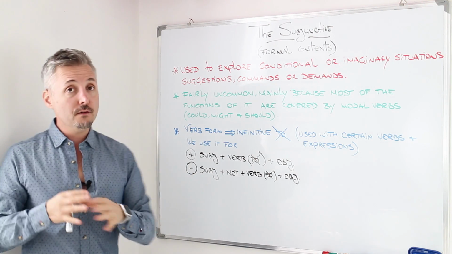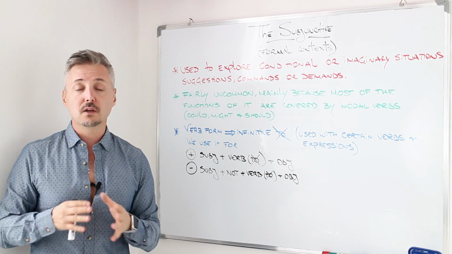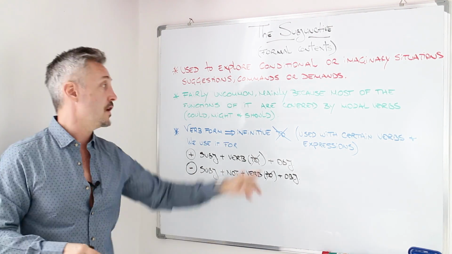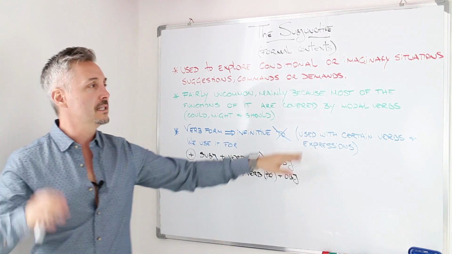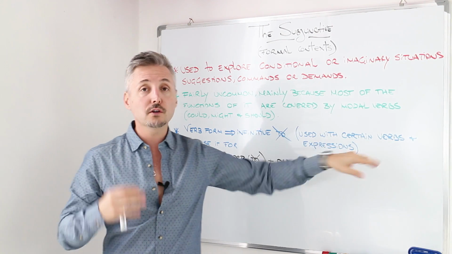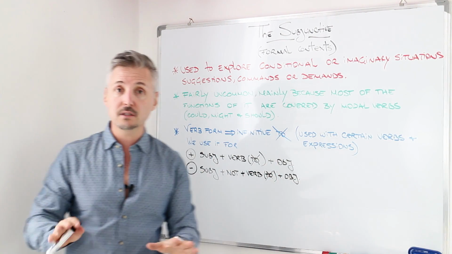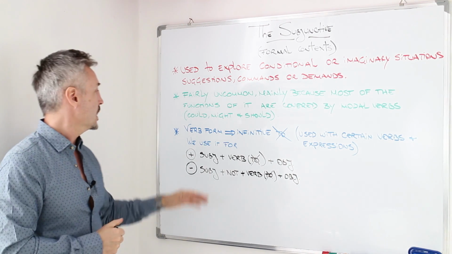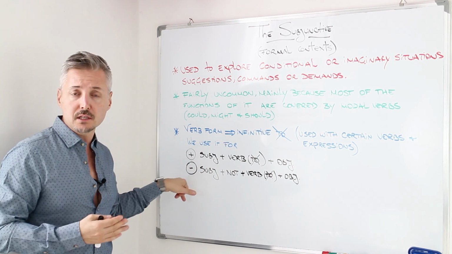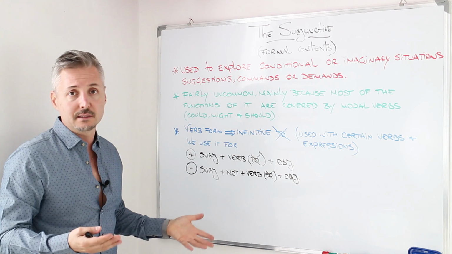So, the verb form of the subjunctive is infinitive without to. Do not forget that. It is used with certain verbs and expressions that I'm going to list after I finish explaining this part. We use it for positive and negative sentences.